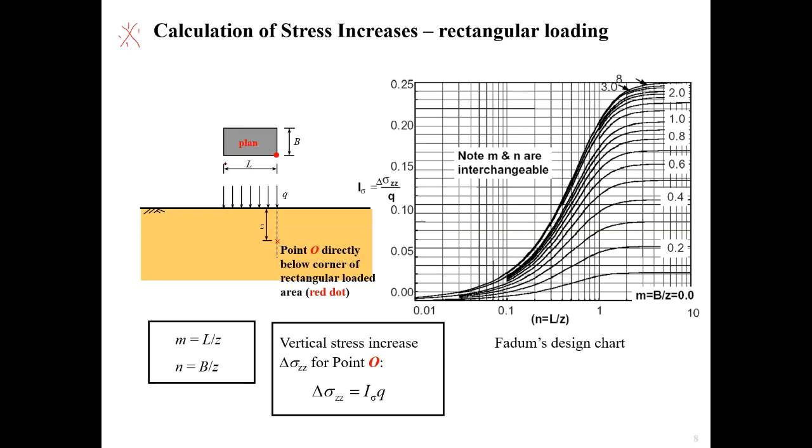So we have a rectangular area and a uniform load acting. In a 3-dimensional view, it will be like this. You have a rectangular area and uniform load acting in this area, and we are interested in calculating at point O. That's Z meter below the ground, and it's also at one corner of this rectangular load.